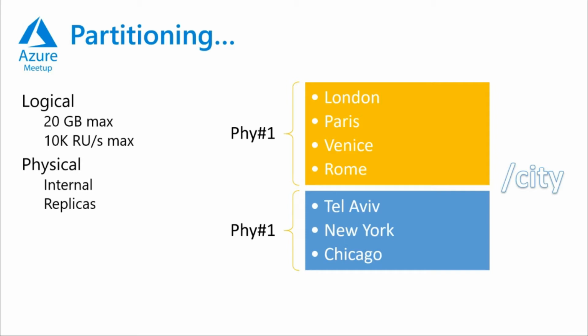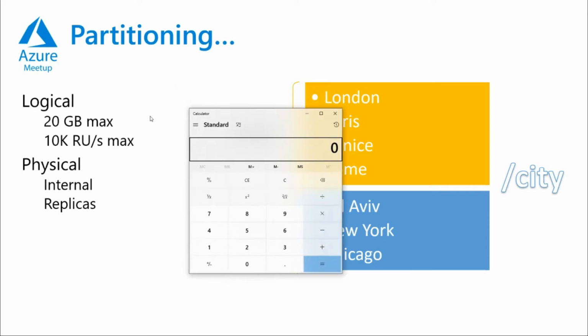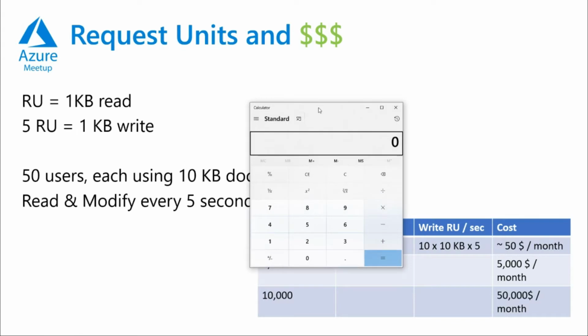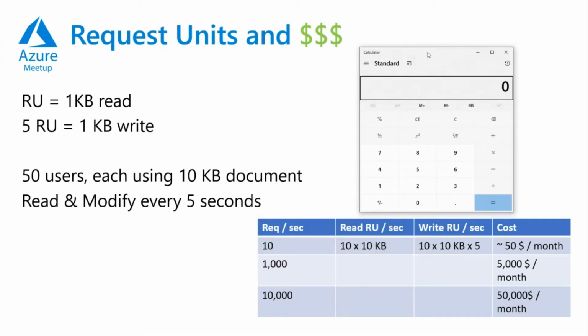Let's do some math. First thing that I need to do: I'm going to read the recent posts for this user, assuming I'm talking about social media. I'm going to take 50 of them, and they are 2 kilobytes each.